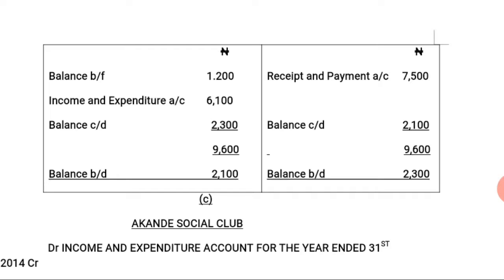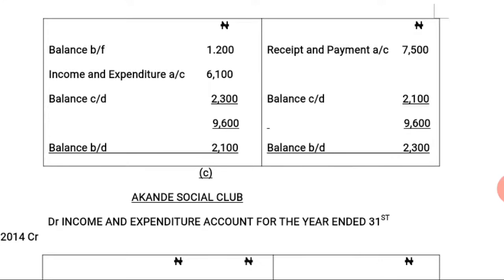From that 8,400, there's a statement which stated the subscription prepaid for 2015, that is stated in the receipt and payment account, in front of which we have 2,300 in front of 2015. Since 2015 is the next accounting year, that is a prepayment for next year; the amount has been collected in 2014 but it's not meant for 2014, it's meant for 2015.